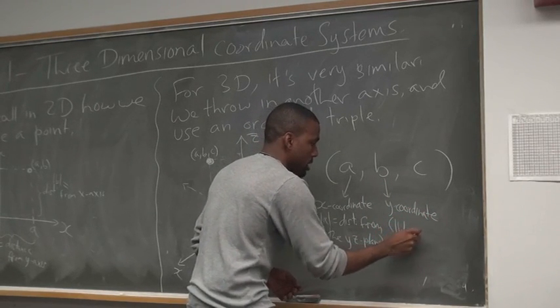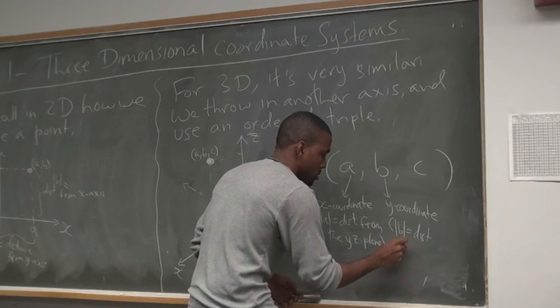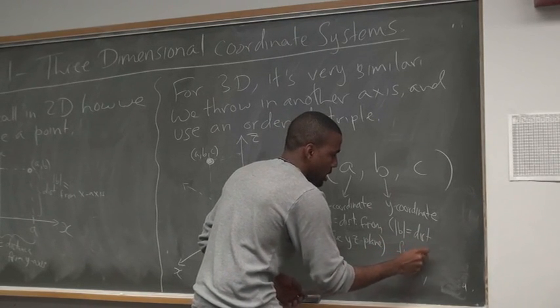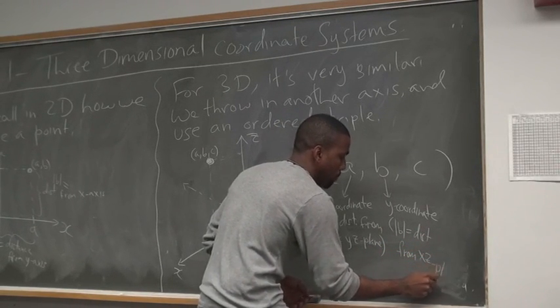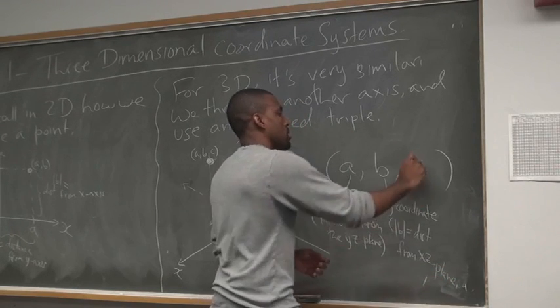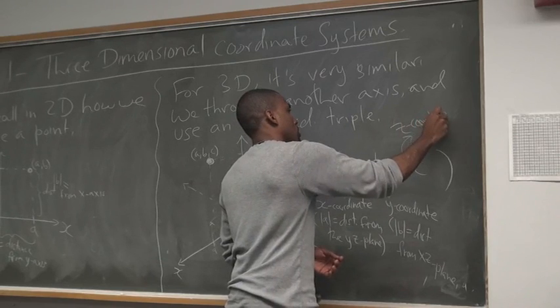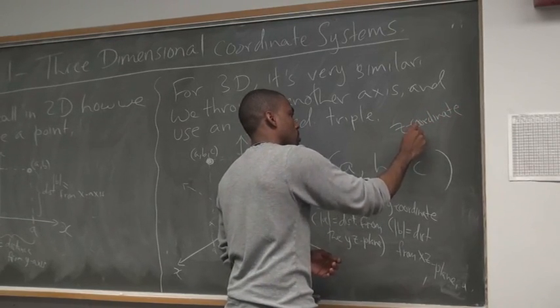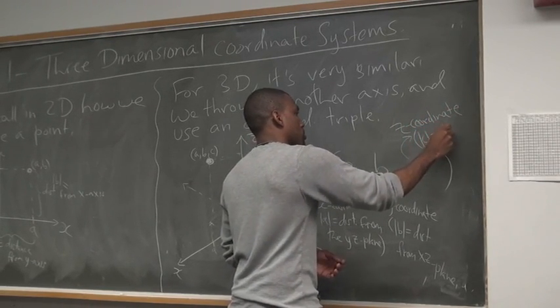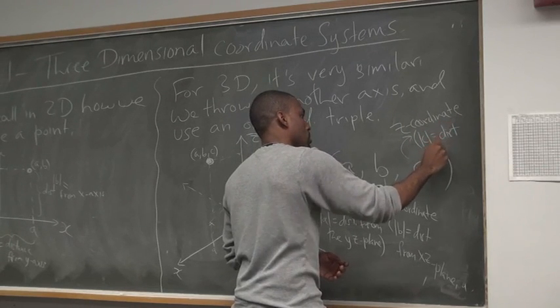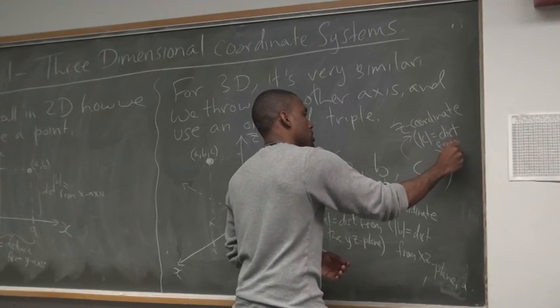And the absolute value of that is the distance from the xz plane. C is, of course, the z-coordinate. And it's the distance from the xy plane.